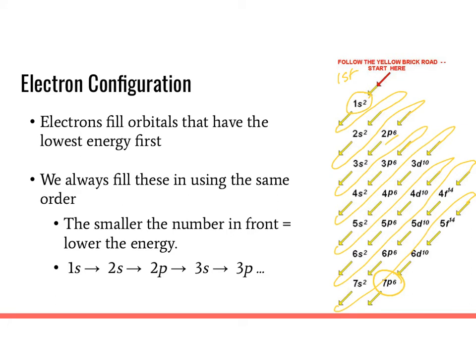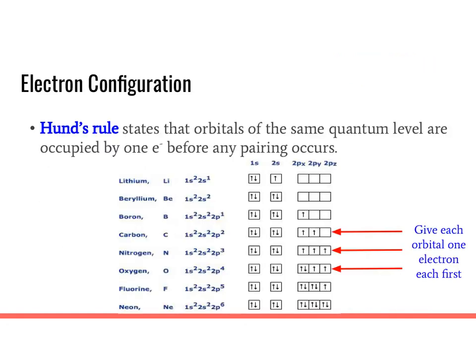So this, the 7p6, would be the last orbital filled, okay? And you get to stop whenever you run out of electrons. So we'll do an example of that in just a second.